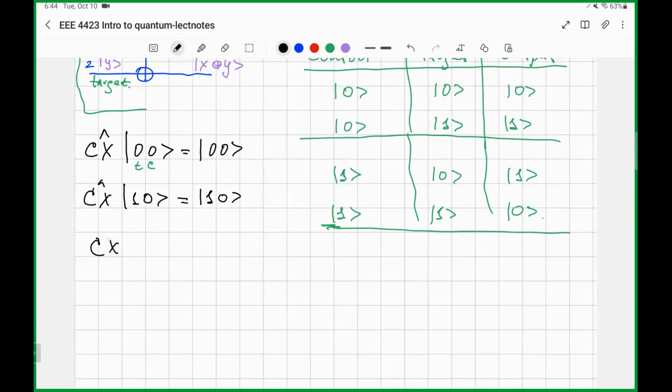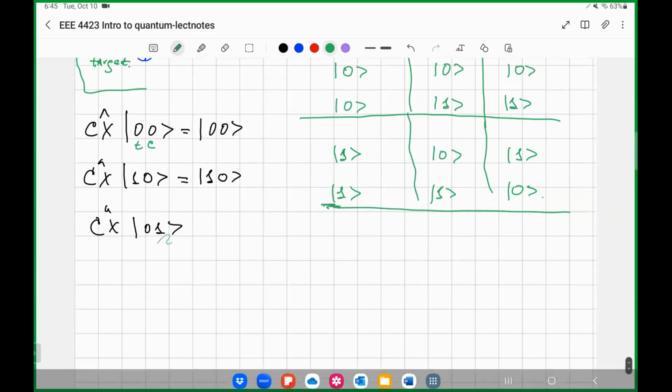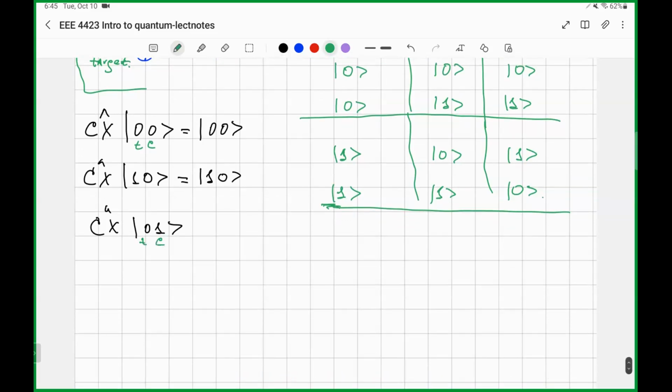However, if the state is something like 1, 0, 1, and if this one is control, this one is target, then the output is gonna be state 1, 1. Okay.